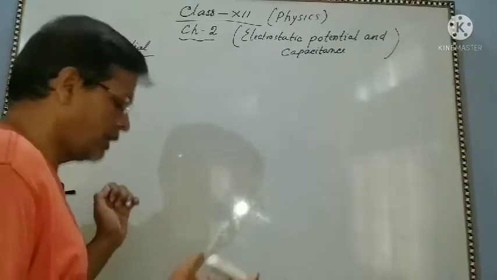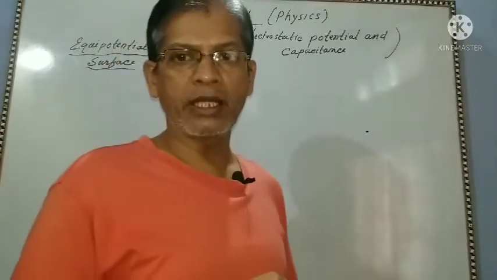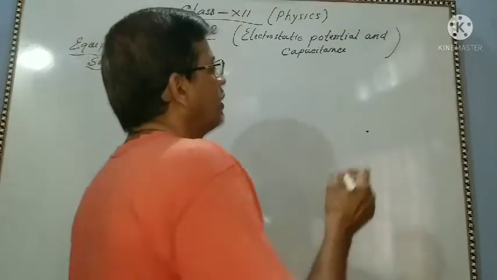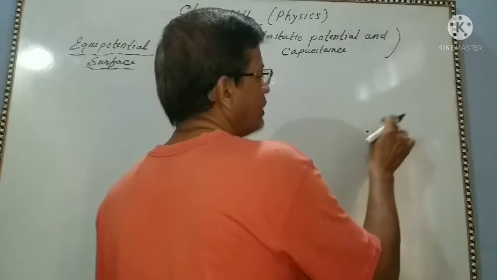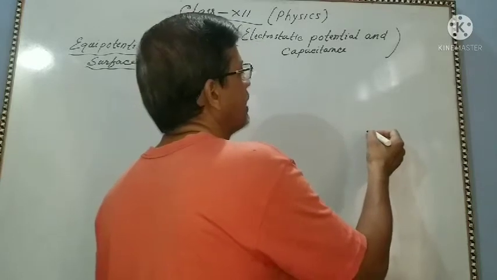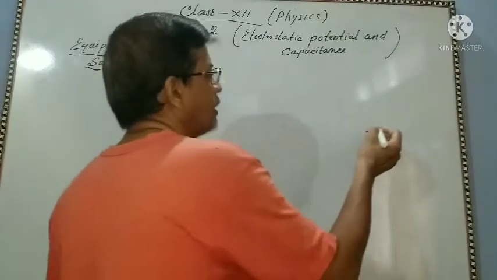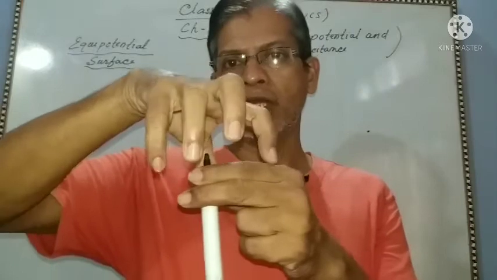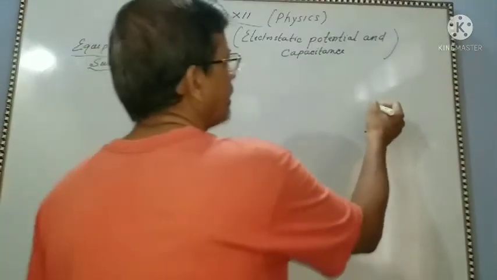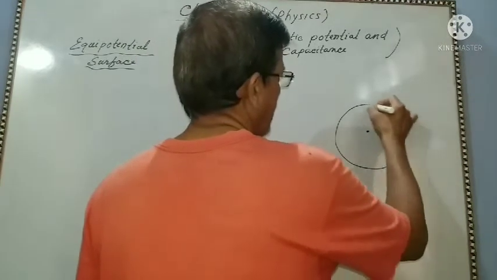In this way, you see, suppose there is a charge, and surrounding this charge, at a distance, say 5 centimeter, you would draw a sphere.